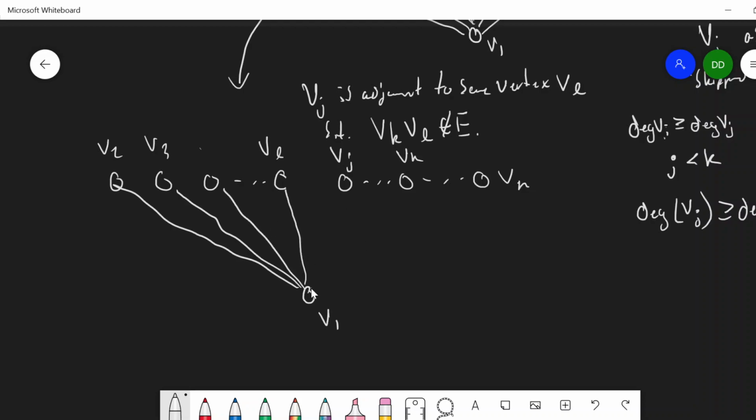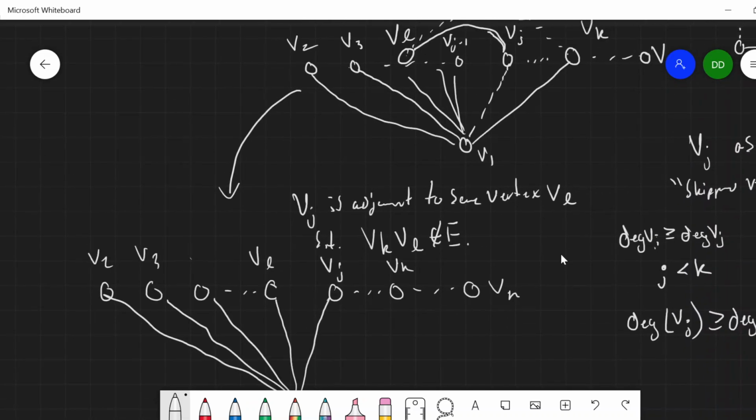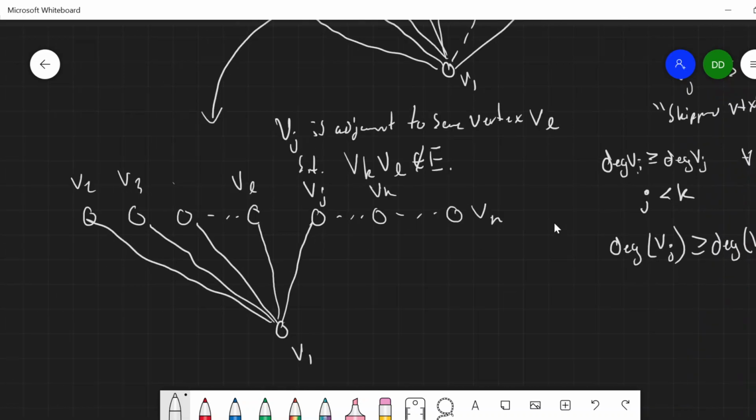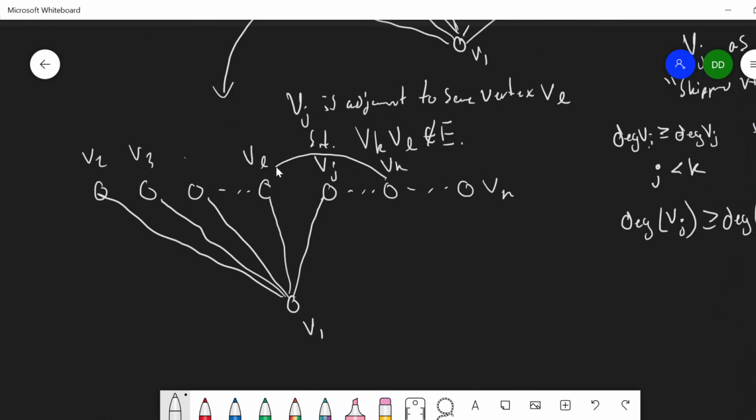Up through Vj. Now when I do this 2-switch, this edge, V1Vk, is getting switched for that edge. So now Vk and VL are adjacent, Vj and VL are not.